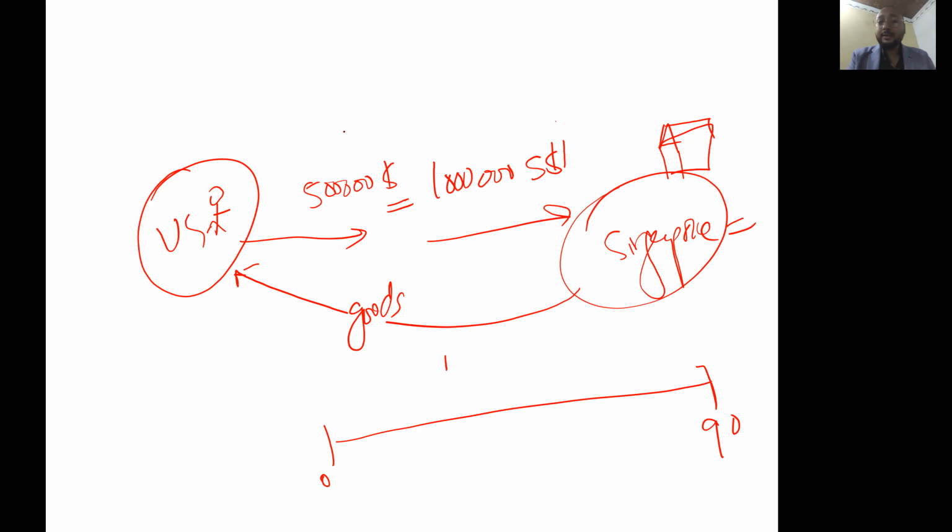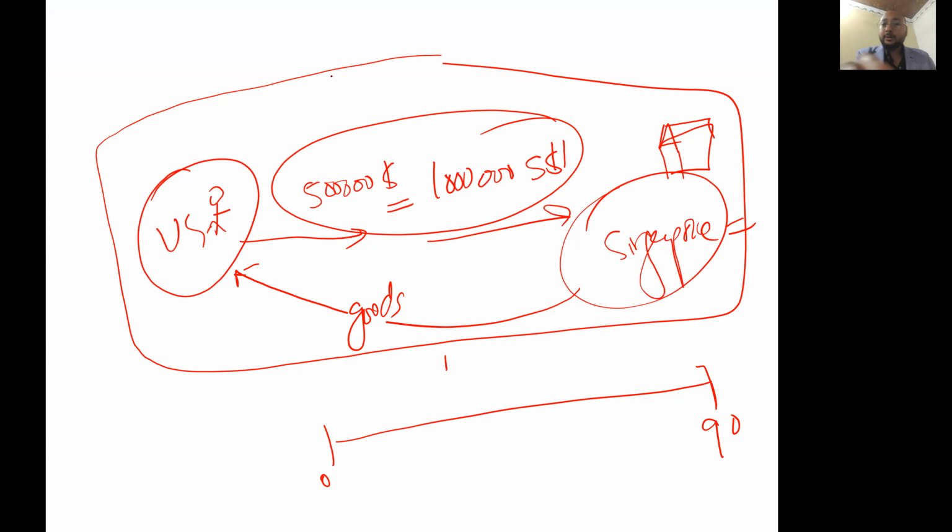So this scenario is right now if you are here at this point. If the Singaporean firm immediately transfers you the goods and you transfer the money, it will take $500,000, which means 1 Singaporean dollar is equal to $0.5.